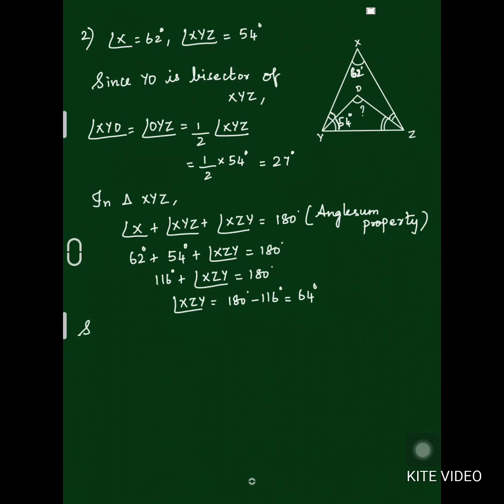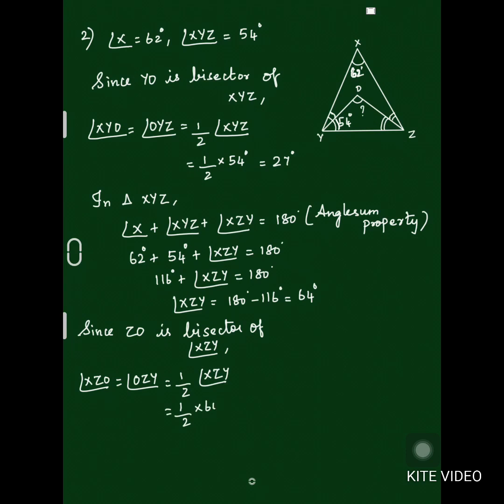Similarly, we know ZO is the bisector of angle XZY. So angle XZO is equal to angle OZY, which is half of XZY, that is half into 64 degrees, which is 32 degrees.